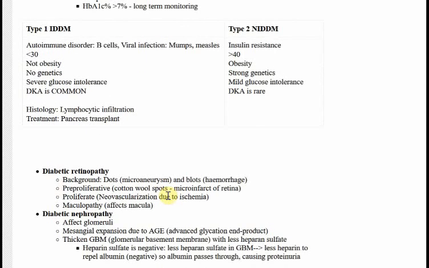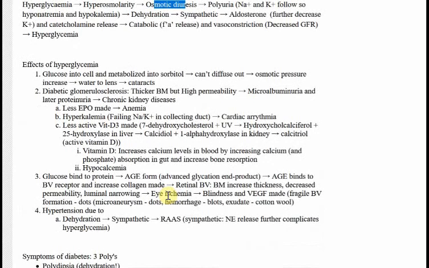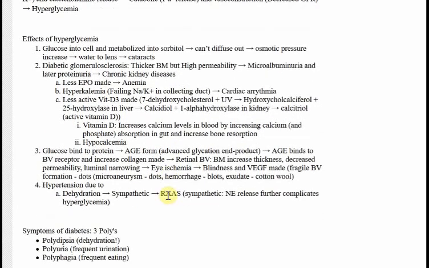Let's quickly recap. Type 1 diabetes is insulin deficiency. Type 2 is insulin resistance. Pathophysiology is you get glucose going into cells, so in the eyes, causing cataracts. Kidneys, you get leaky basement membrane, although it's a bit thickened, peeing out all the protein.